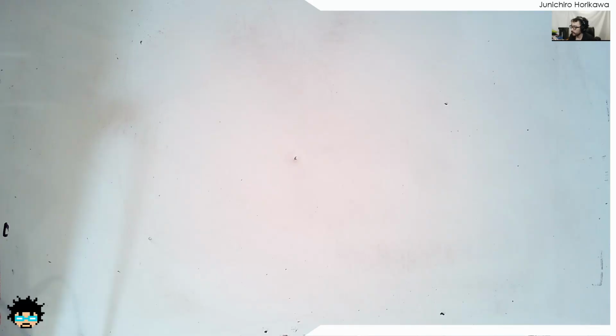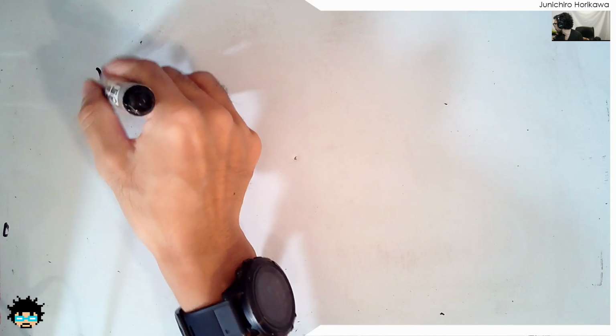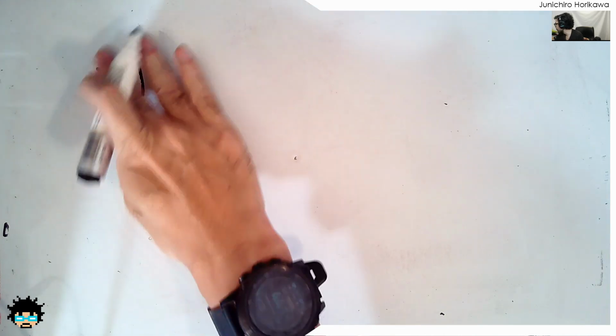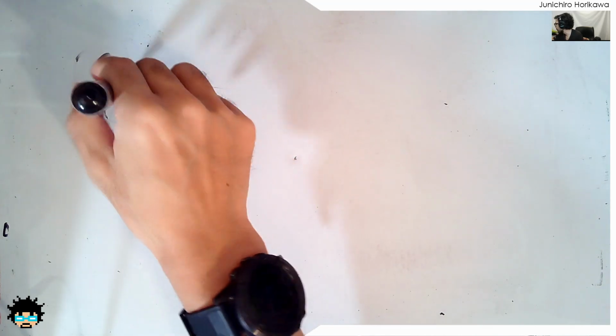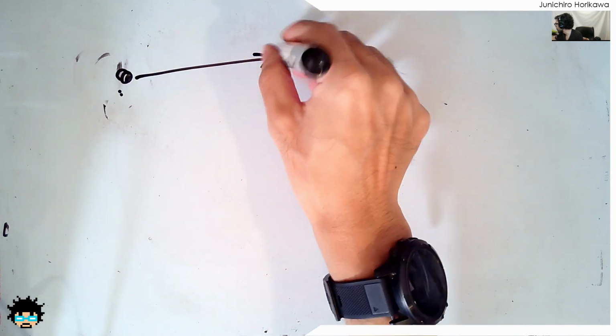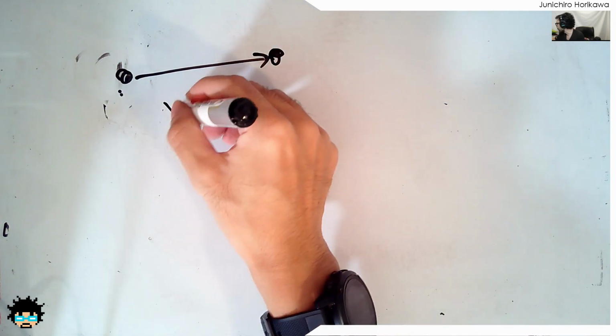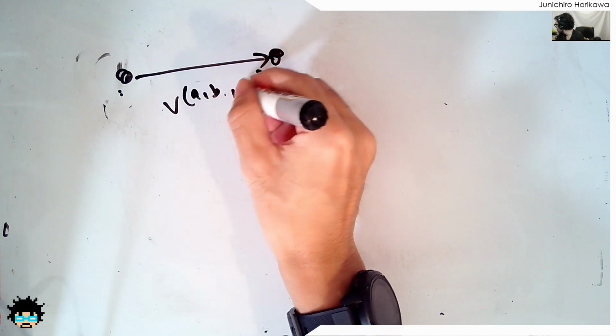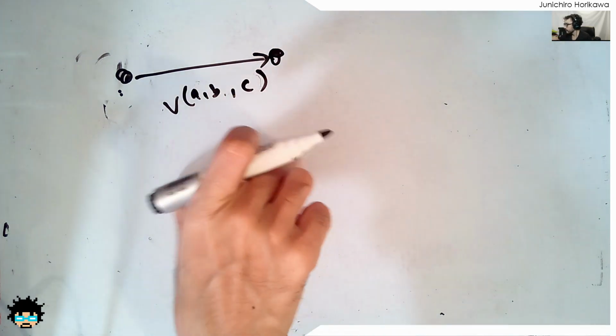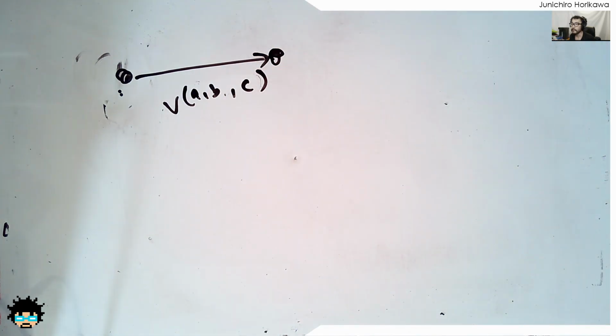Now the first transformation I would like to show you is translation, which is to move one point to some direction with a vector value A, B, C. The translation seems pretty simple enough.